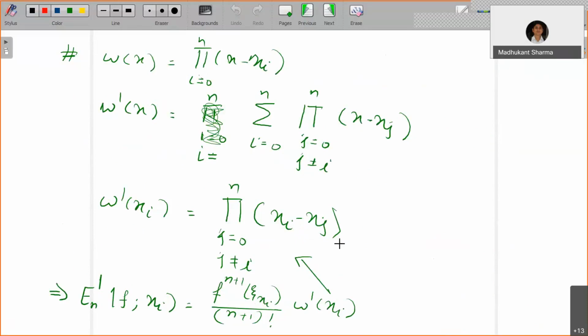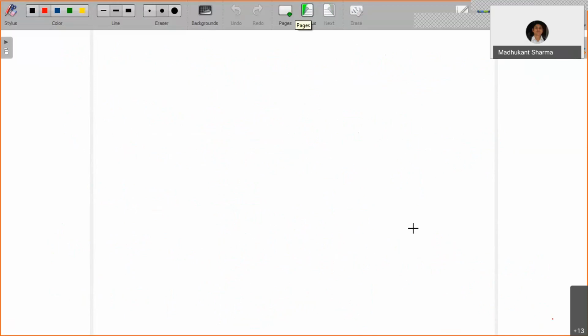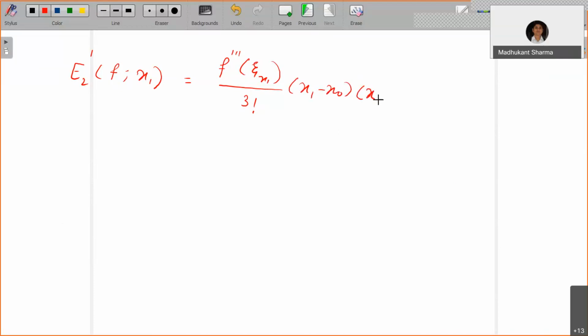Okay, so if I wish to work individually here, if you go back and check, the error at x1 is going to be the third derivative at ξ(x1) divided by (n+1) factorial, that is 3 factorial, times w'(x1), that is (x1 - x0)(x1 - x2).